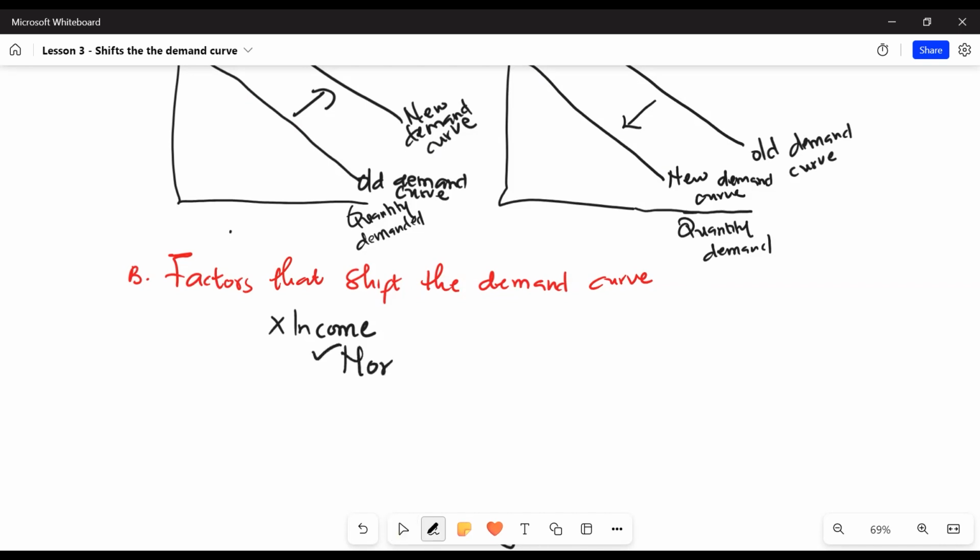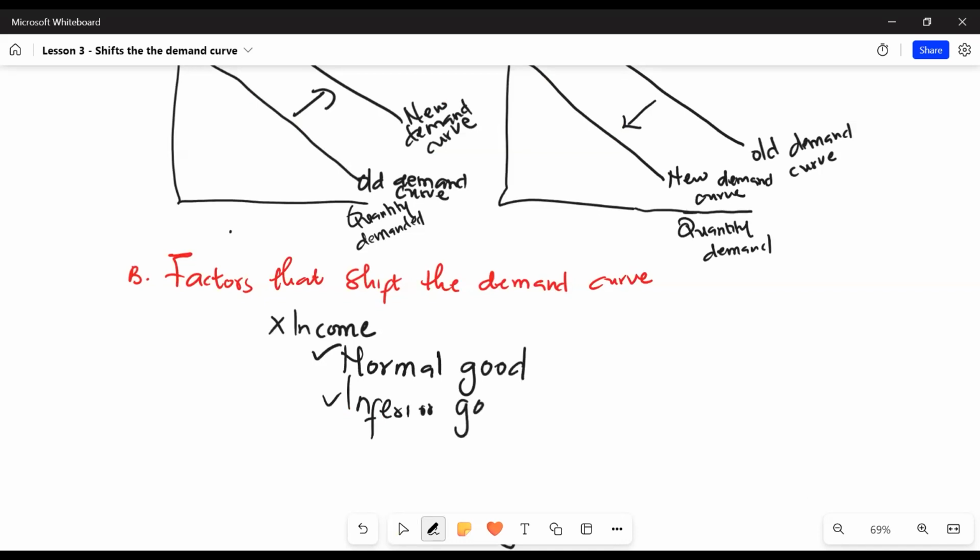So normal goods are goods in which your demand increases when your income increases and your demand decreases when your income decreases. If your demand for a good decreases as your income increases, we call it inferior goods.